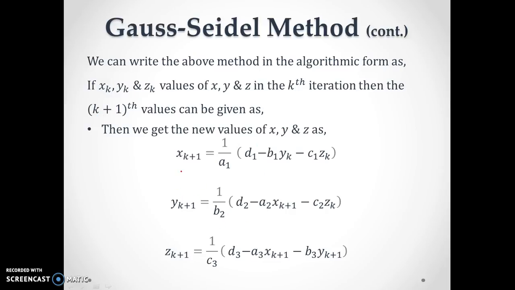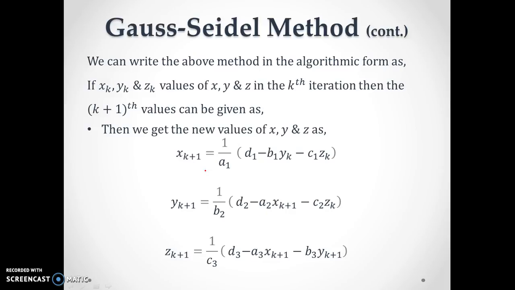This is xk+1, and you have yk and zk here. When you calculate yk+1, instead of xk you write xk+1, because xk+1 was already calculated in the previous step, and here we still have zk because we do not know the new value of z.